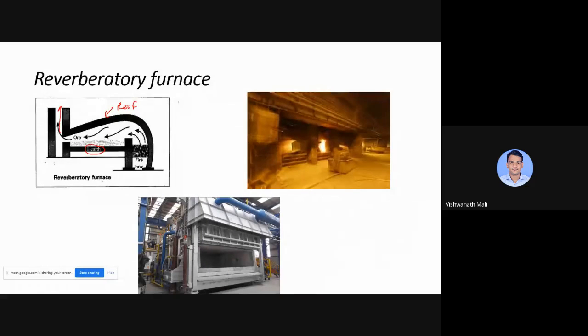Here we generate the heat with the help of fuels. Suppose here there are fuels. With the help of some gases, air, we generate the heat, and that heat will pass through this. Now, how does it work in this reverberatory furnace? First of all, it will heat the roof, and this roof will refract the heat.